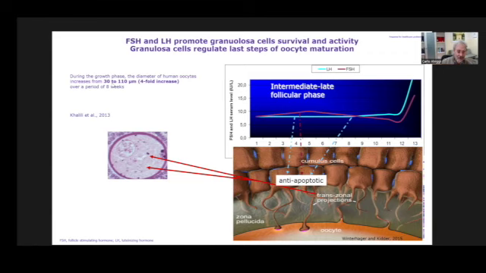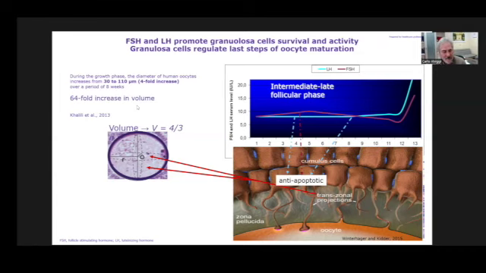in the diameter. But we have to remember that the oocyte is a sphere. So if we have a fourfold increase in the diameter, we have to consider that we have even a 60-fold increase in volume. So there is an incredible increase in the volume.